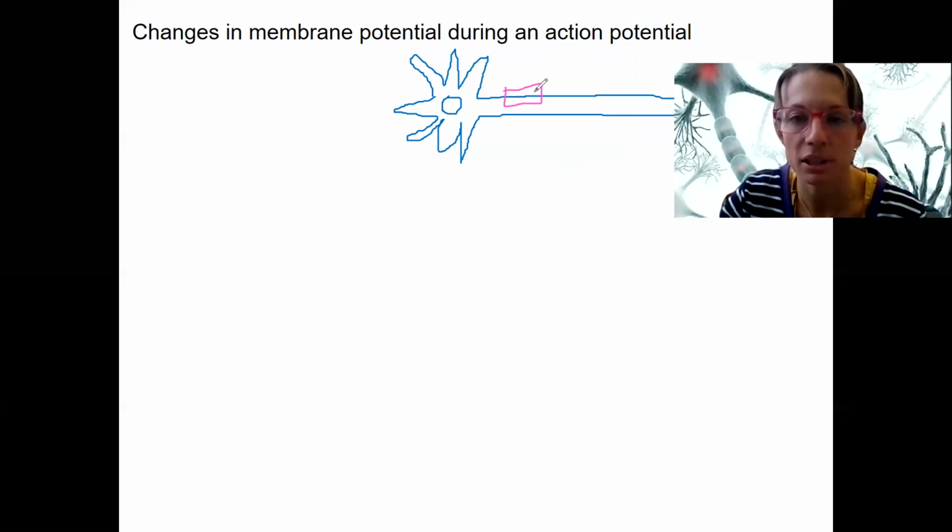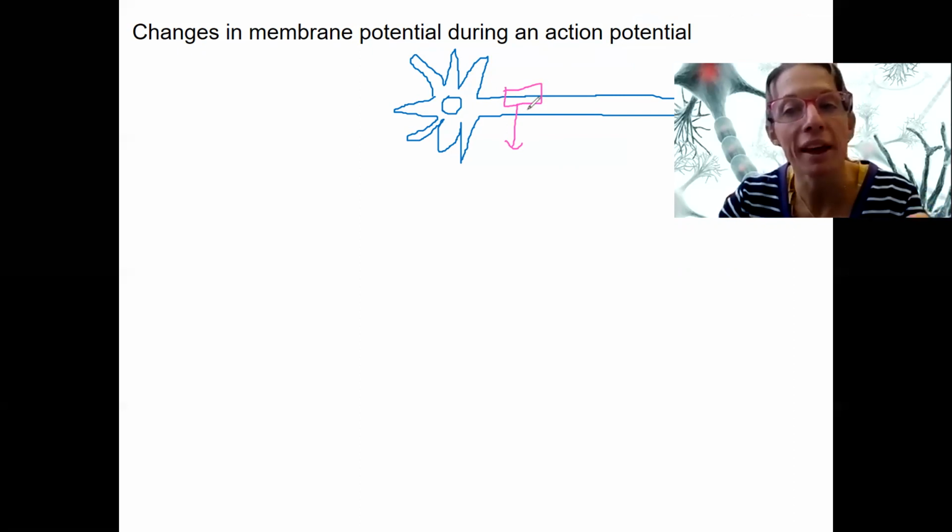Just like with gradient potentials, where we looked at the resting membrane potential inside and outside, here we're going to be looking at changes just in one small section, what an action potential is. So the graph I'm going to draw is in one small section. We will then look after that at how this signal is propagated or conducted down the axon. First, that's what we're doing.